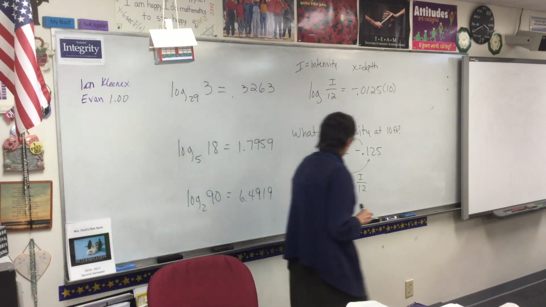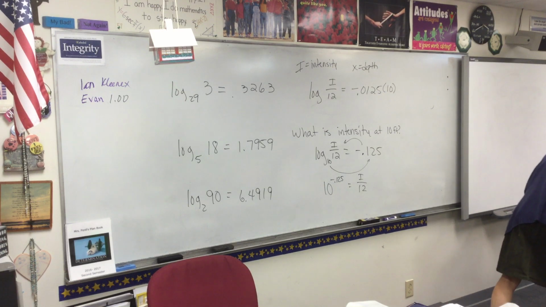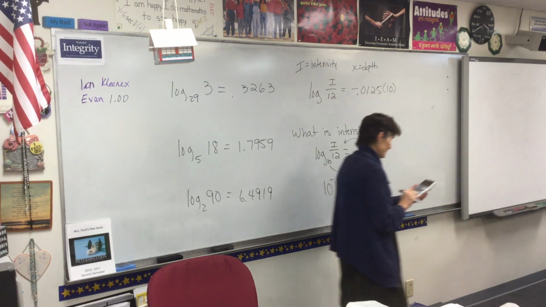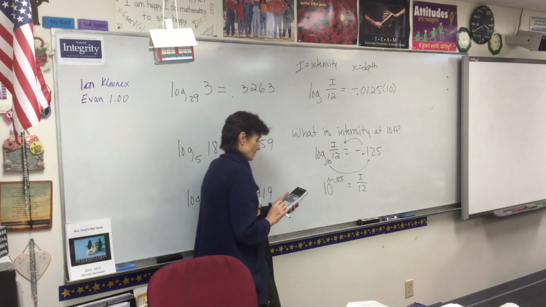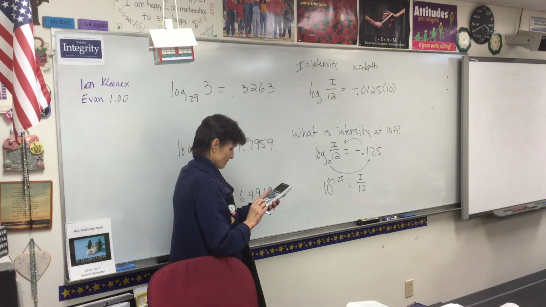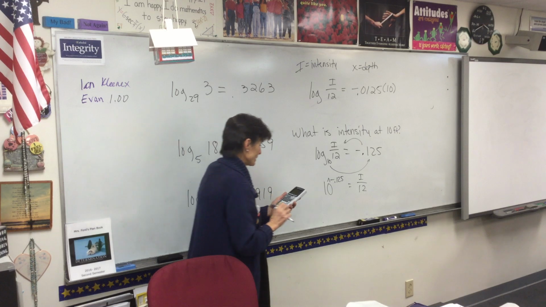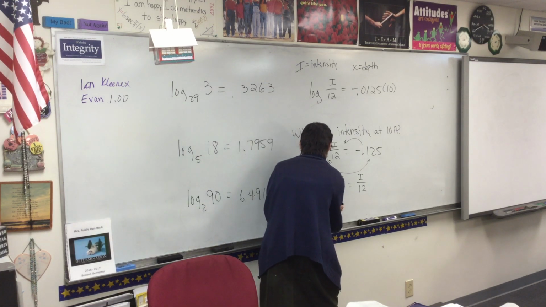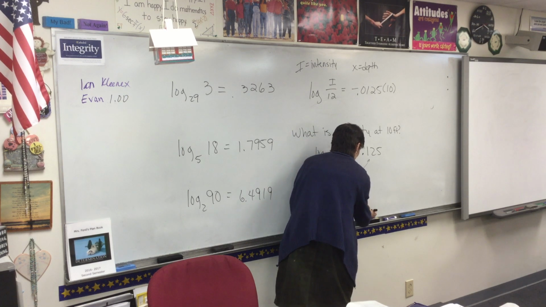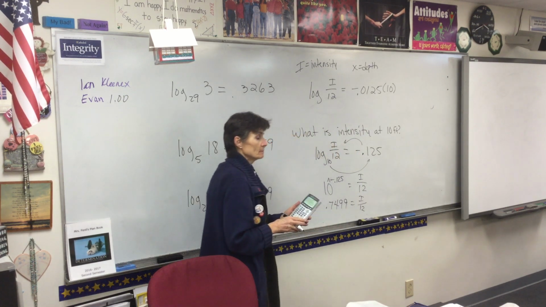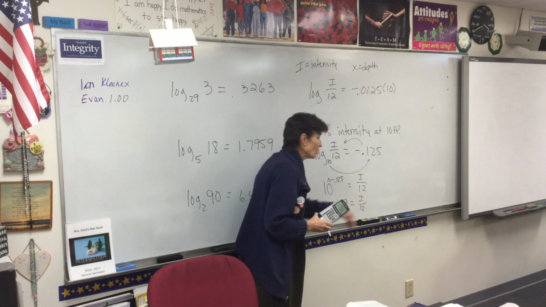What's 10 to the negative 0.125? You can type that in. 10 raised, when we use this button, negative 0.125. Did you get 0.7499 basically? Yes. Okay. So we need to know what I is.